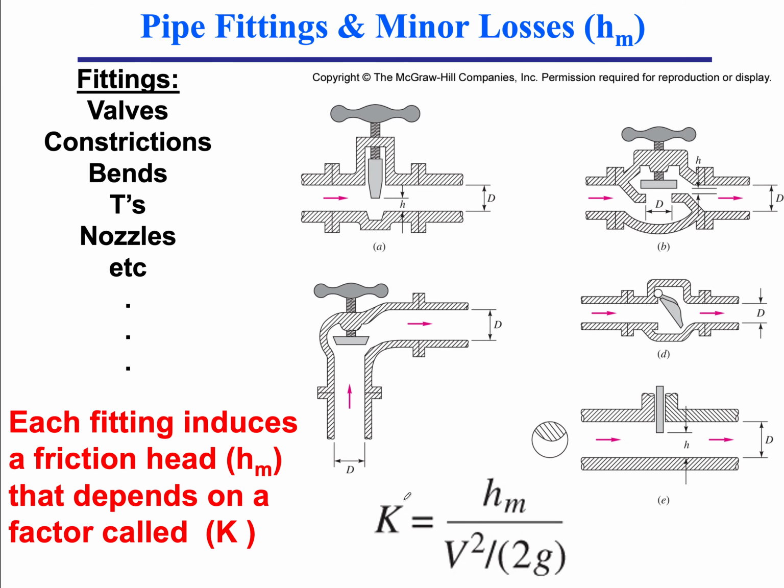And the relationship, so the head loss associated with a certain fitting is the K, which is the friction factor for the fitting, multiplied by V squared over 2G, which is the dynamic head, which is the velocity. Typically, that velocity will be defined in the problem.